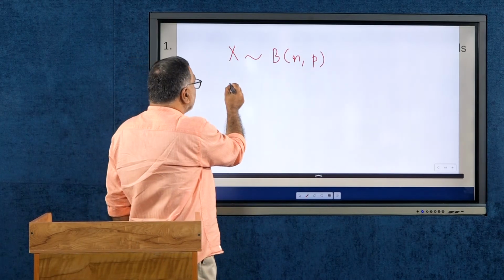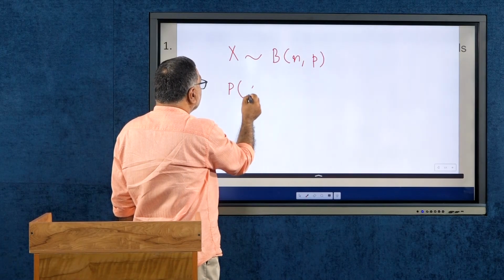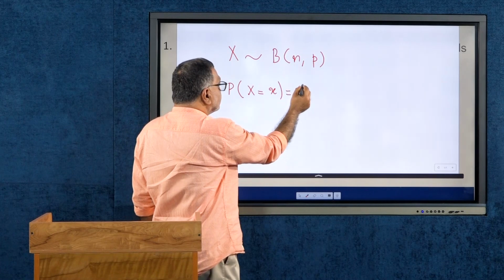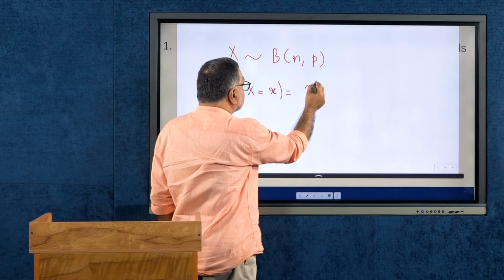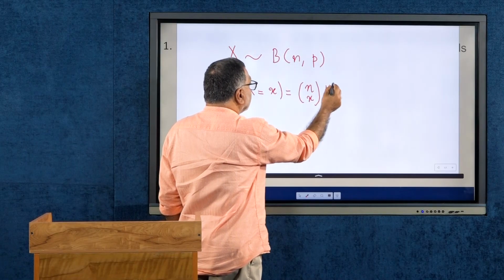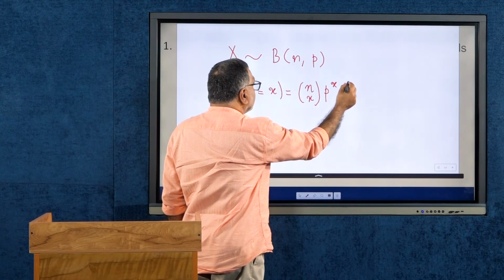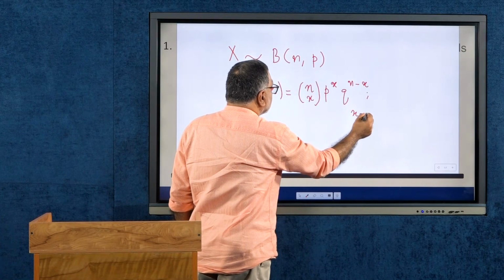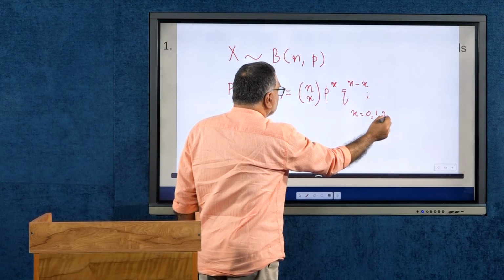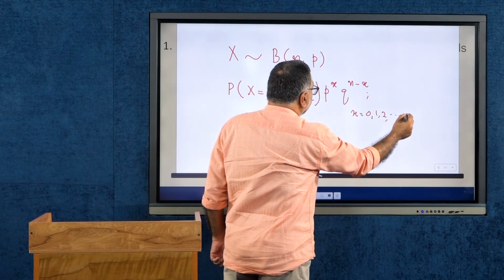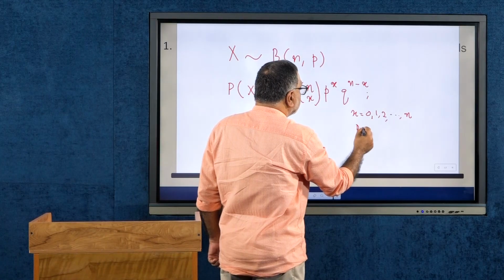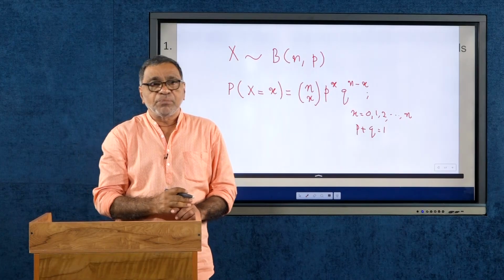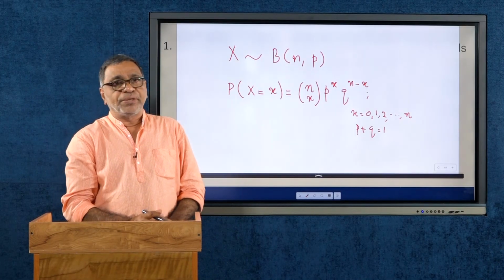Then the probability mass function of this random variable is probability of x is equal to x is nCx p power x q power n minus x, where x is equal to 0, 1, 2, etc. up to n, and p plus q is equal to 1. So, this is the probability mass function of a binomial random variable.